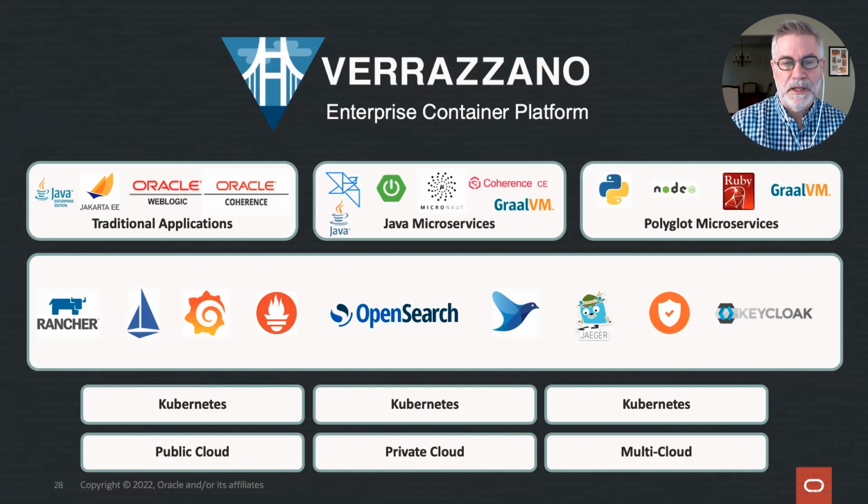It has its own life cycle, and it is truly designed to run your traditional applications alongside your Java microservices, alongside your polyglot microservices, and it is designed to run across Kubernetes clusters. These Kubernetes clusters can be in Oracle Cloud, on premises in your own cloud, or on other cloud platforms. It is truly a multi-cloud enterprise container platform.